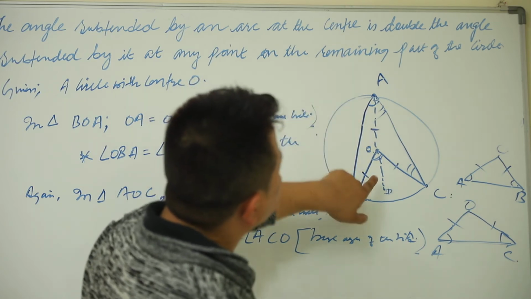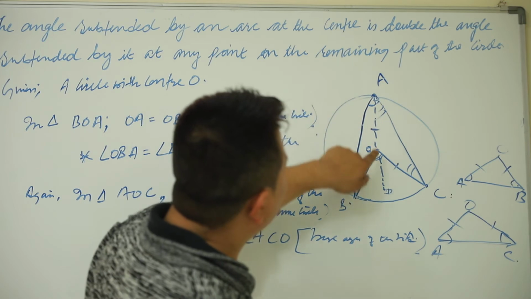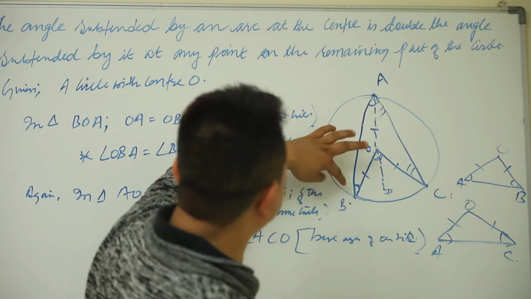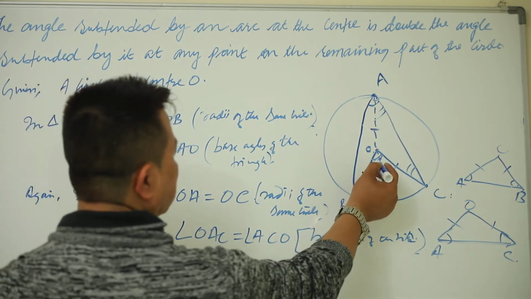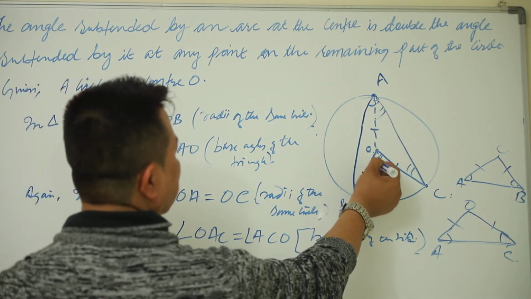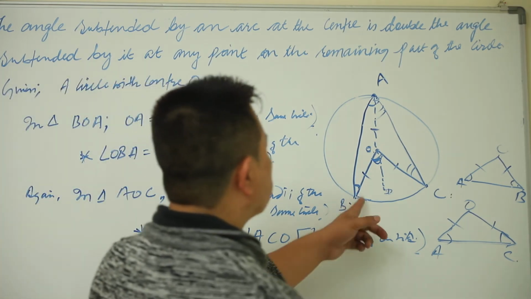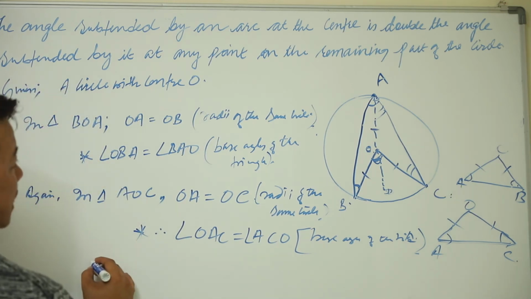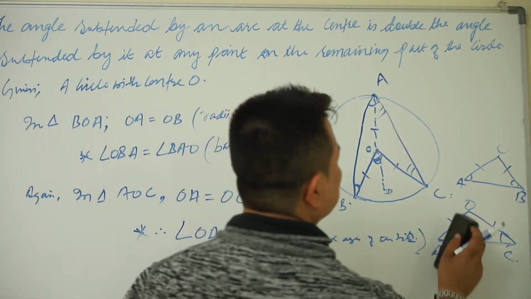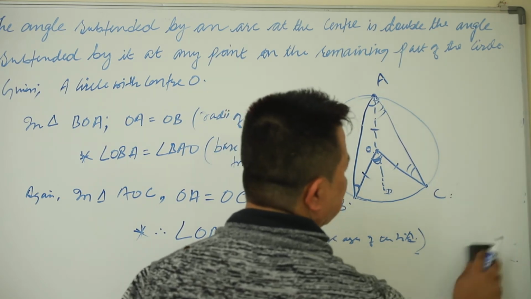Now check this triangle, especially triangle BOA. Now this is the exterior angle because it is outside the triangle, right? Now I will tell you the basics of the relation between exterior angles and interior angles.